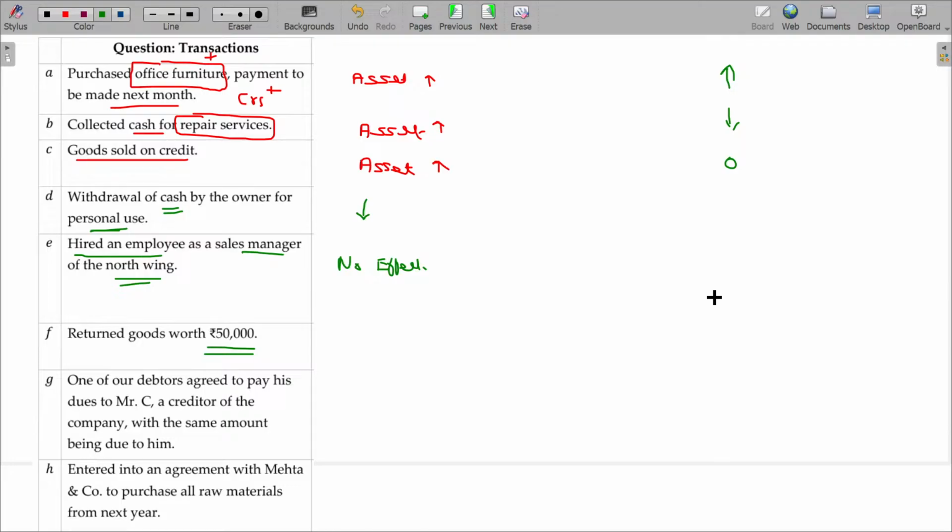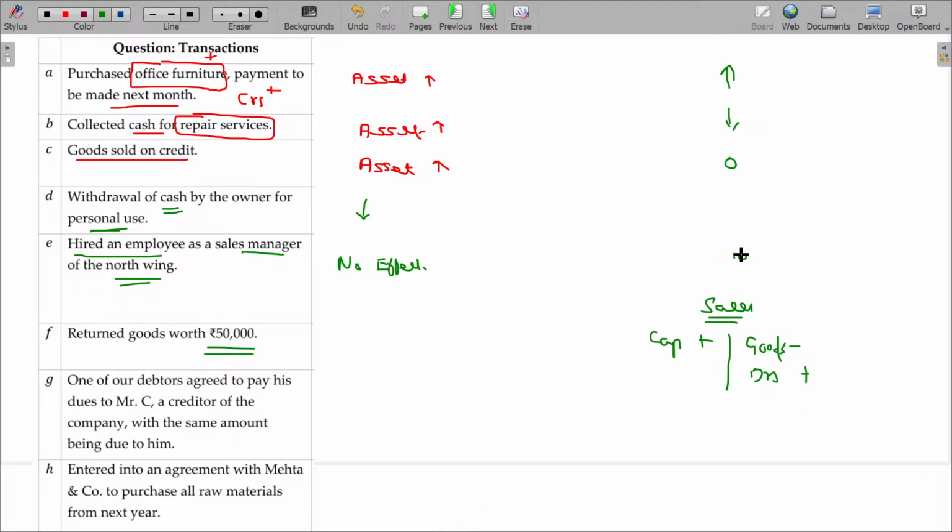Assume the same as in case of sales. What is the accounting equation? Goods decrease, debtors increase in case of a credit transaction. But owner's fund also increases because there's a profit.